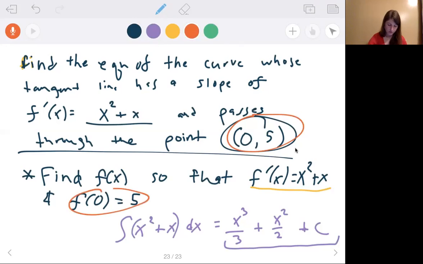So this is telling me my f of x function, but now what I have to go after is c. We want to find our c. Then we'll have our completed function. So let's go ahead and jot this down and move it to the next page here.